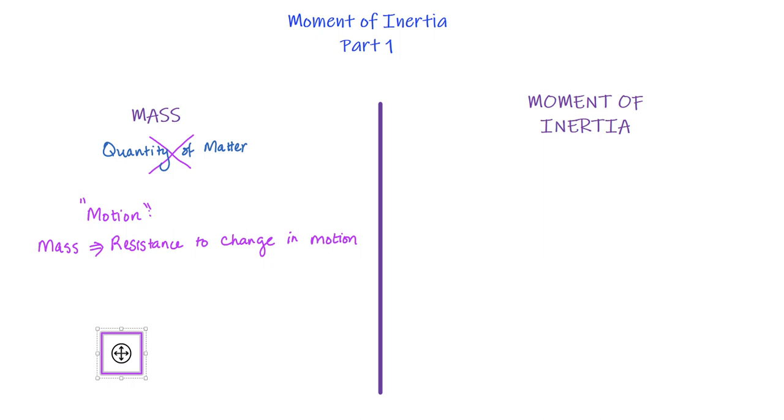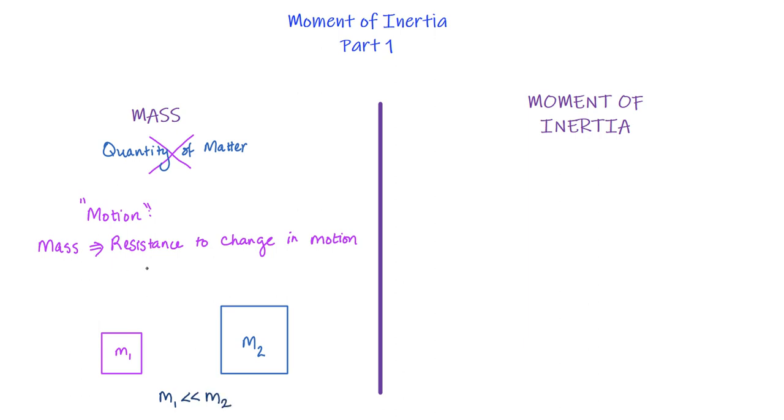Let's say I have this purple box over here, and I have then a blue box. The blue box has a mass of m2, and the purple box has a mass of m1. And what I'm going to say here is that m1 is a much smaller mass than m2.